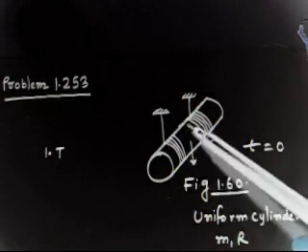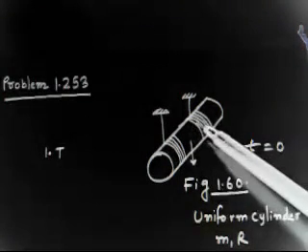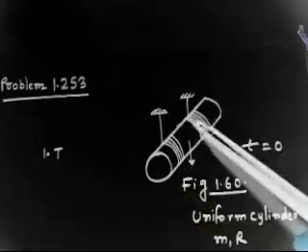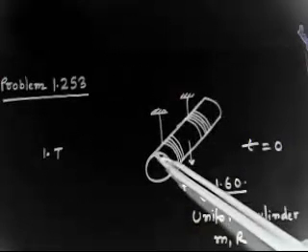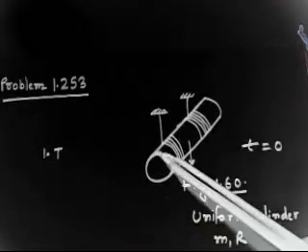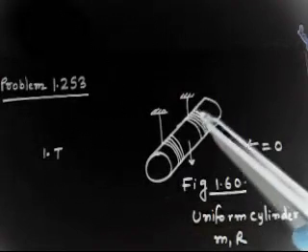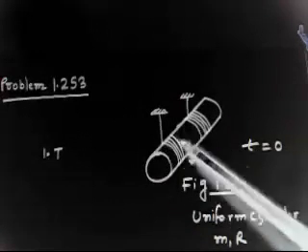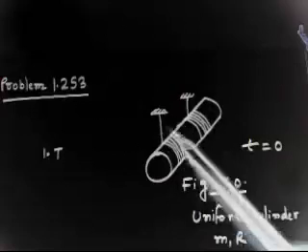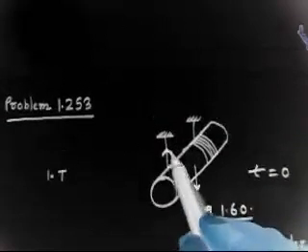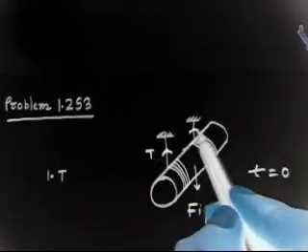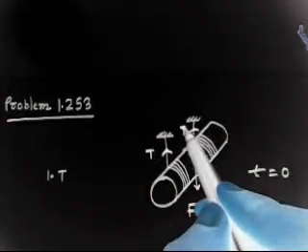You see, these two threads are basically symmetrical. So this side distance and this side distance, from this end of the cylinder and from that end of the cylinder, both are equal. So I can say the system is symmetrical. So if the tension in this string is T, then the tension in this string also has to be T, because the system is symmetrical.